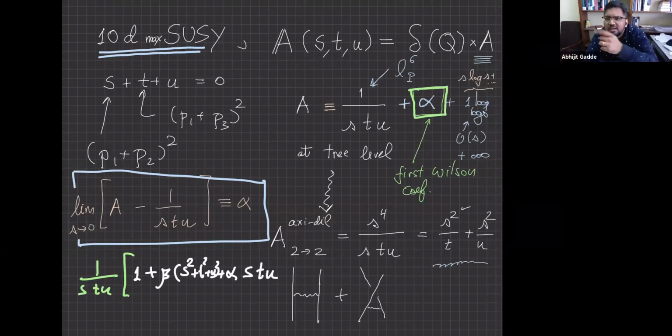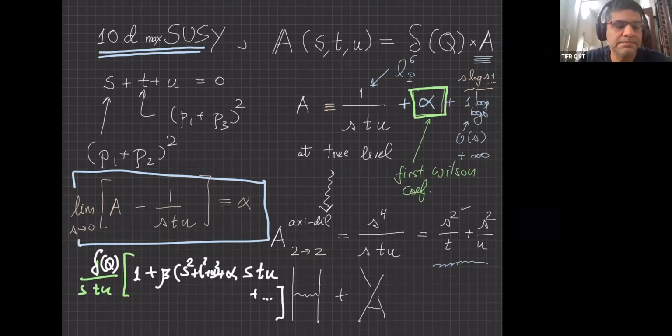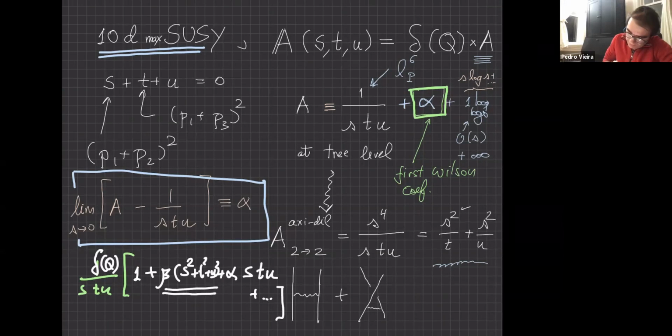No, but this multiplies delta of Q, so it's manifestly supersymmetric. Okay. But delta of Q is one consequence of supersymmetry, all of them are related to delta of Q. It's not the only one. The fact that this beta here is 0 in string theory, we are assuming this beta to be 0.